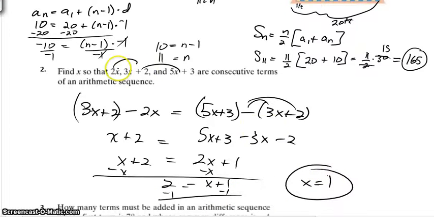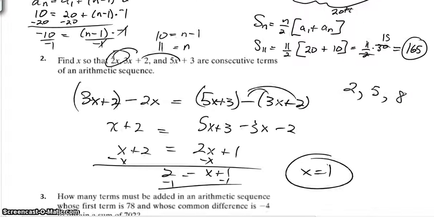Go ahead, plug it in and see what you get. What does 2x become? It becomes the number 2. Plug in a 1. 3 times 1 plus 2 becomes a 5. Plug in a 1. 5 times 1 is 5. 5 plus 3 is 8. Is this, in fact, an arithmetic sequence? Oh, you bet. What's the common difference? 3.